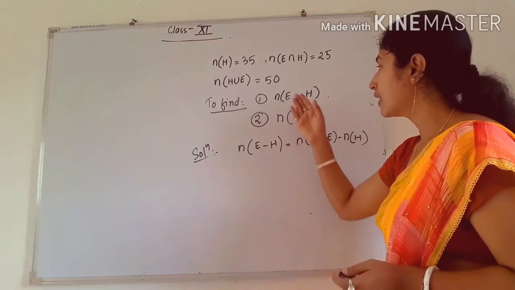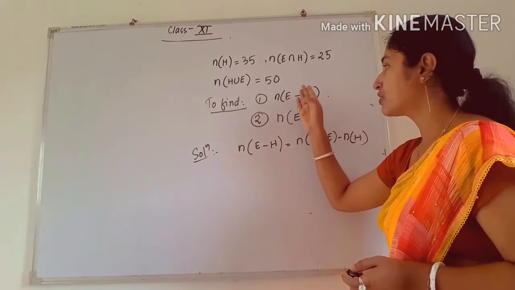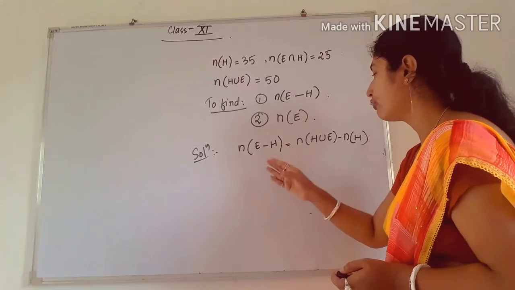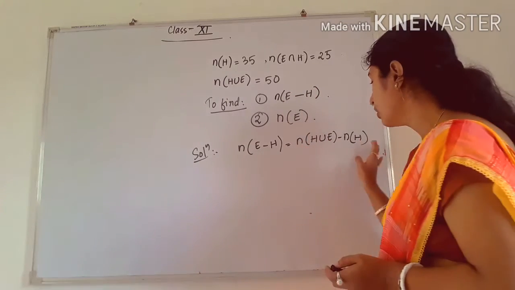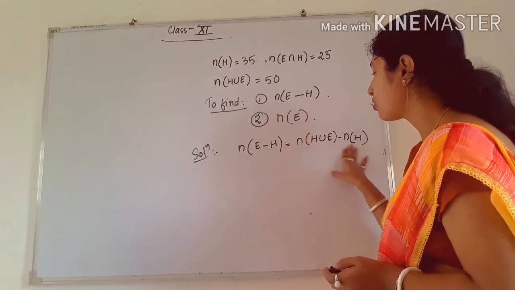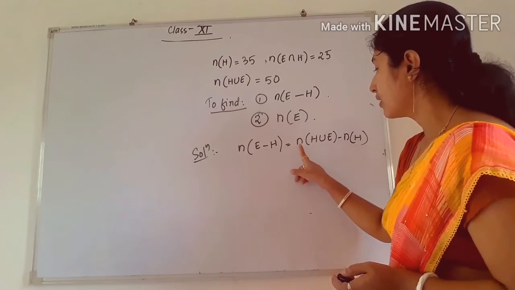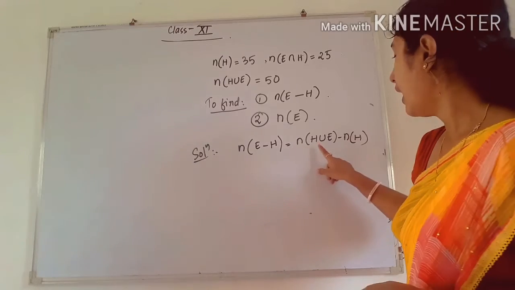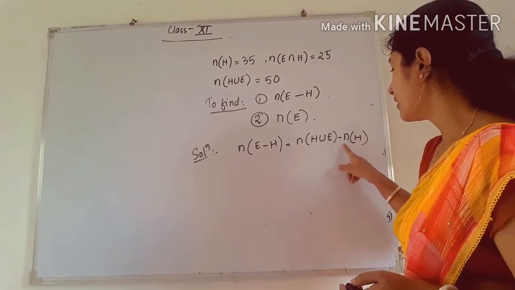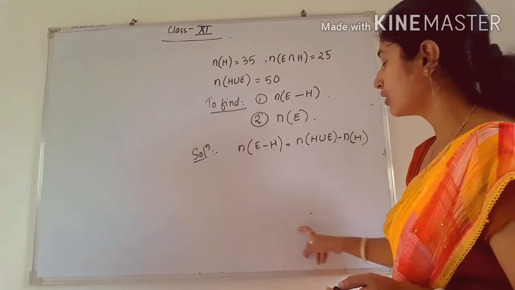But see, E minus H means the elements which are present in E but not in H. How to find it? The formula is not given, but using a Venn diagram we can easily solve it. Here the formula is n of E minus H is equal to n of H union E minus n of H. You can easily show it in the Venn diagram.